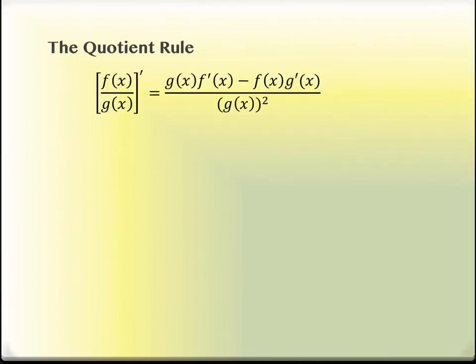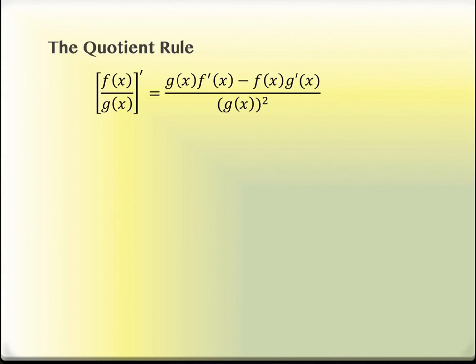Well, it's messy. That's annoying, I know. Now, write it down, and then I'll give you some mnemonic devices that might be helpful in remembering it. You might look at that numerator and say, well, that kind of feels like the product rule.